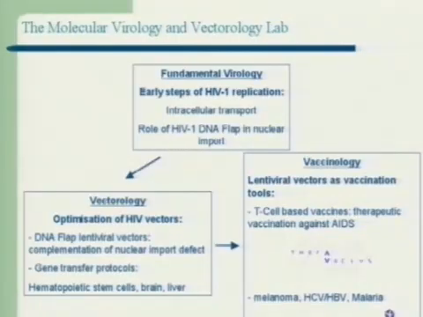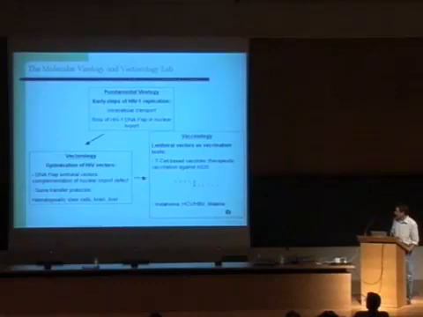Another important reason to study the early steps of HIV replication is that from this mechanism of early steps, from entry to integration, we can derive gene transfer vectors, which are becoming more and more popular in both basic science and therapeutic gene transfer.